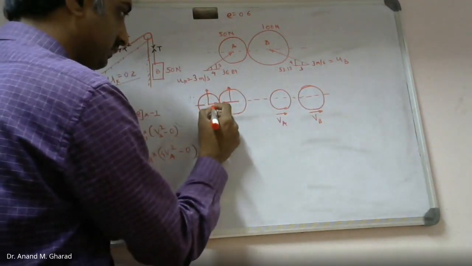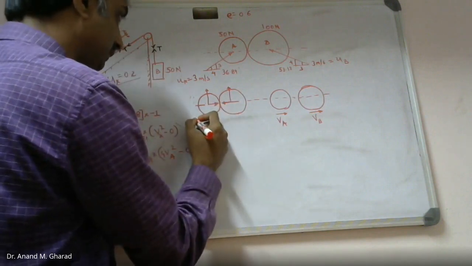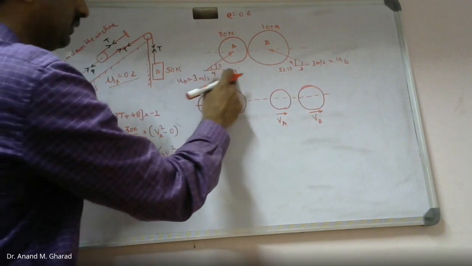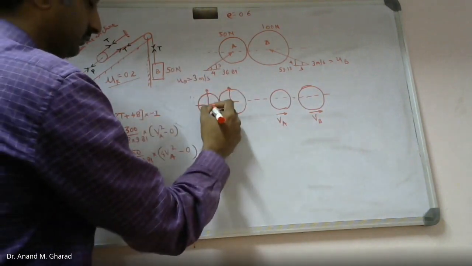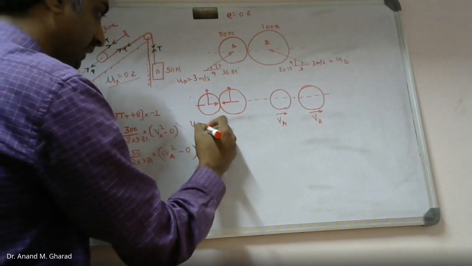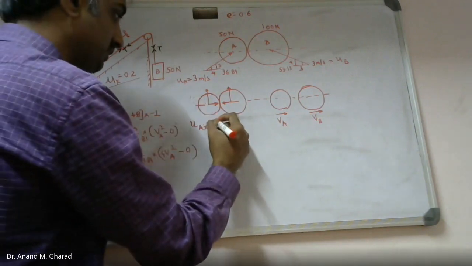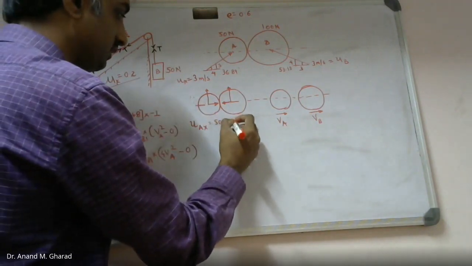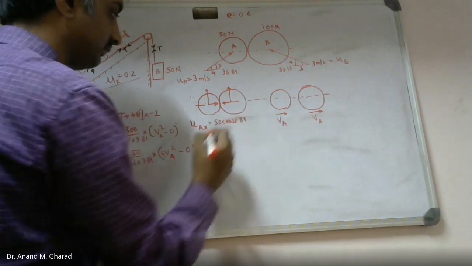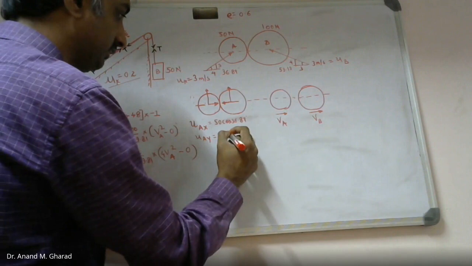Now, as you can see, what will be the value of this component? It will be 50 cos of 36.87. Right? So let me assume UAX to be the component in the x direction, which is 50 cos 36.87. UAY to be the vertical component.